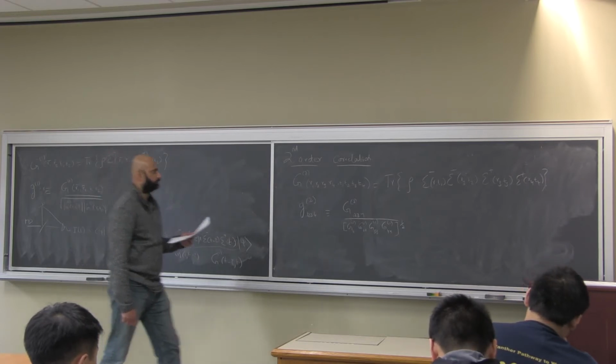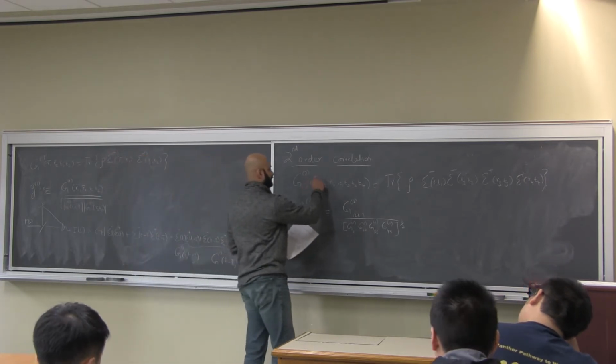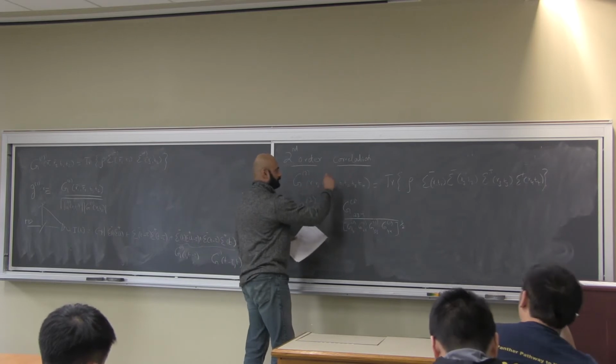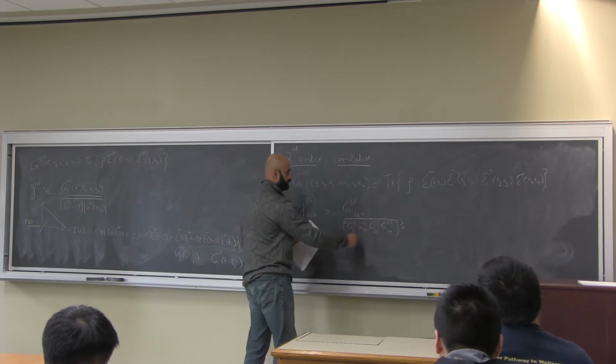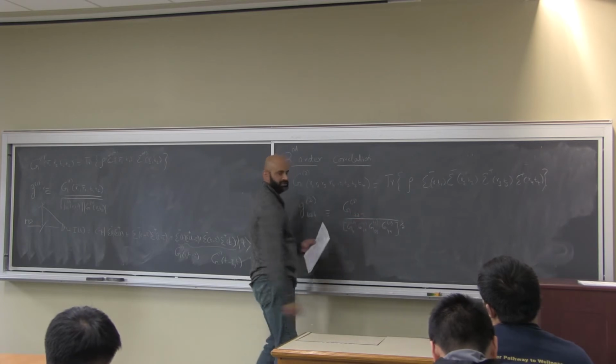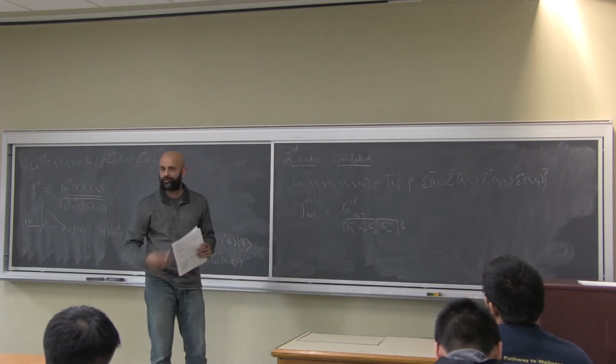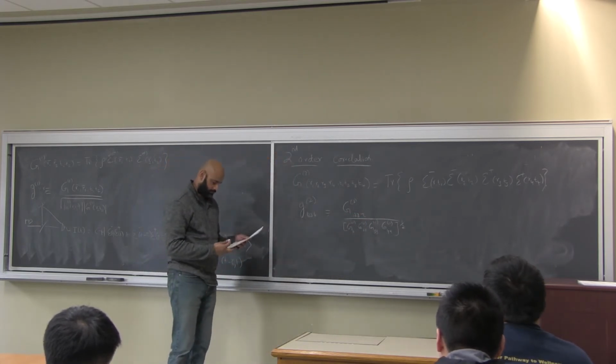I removed the dependence on R1, R2, R3, R4, T1, T2, T3, T4 and just put it in the subscripts 1, 2, 3, 4, and you can then write down this correlation.